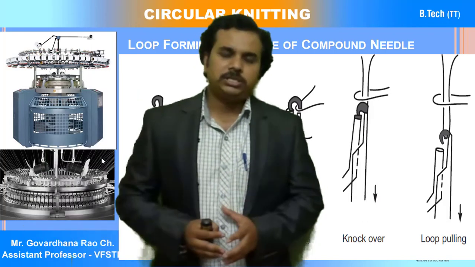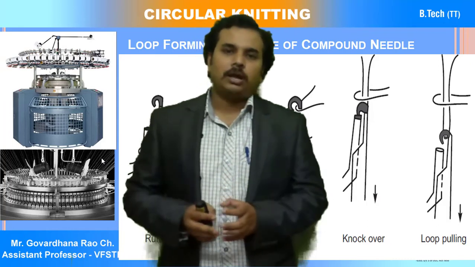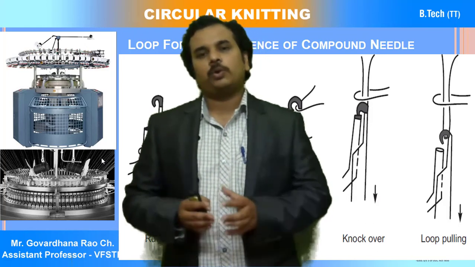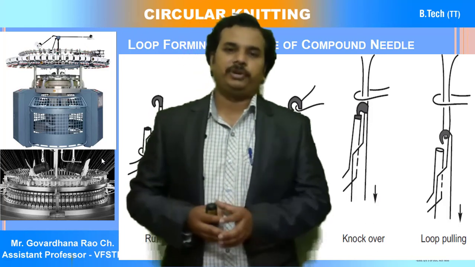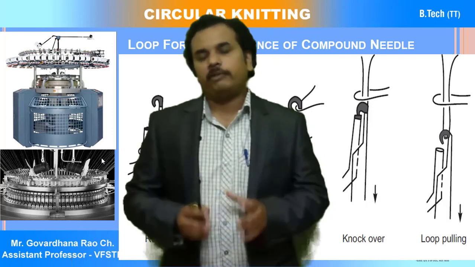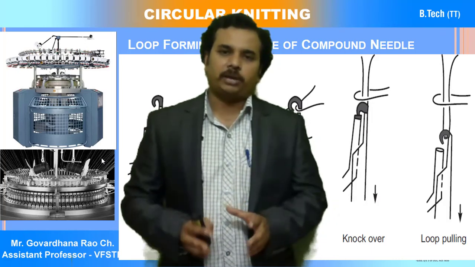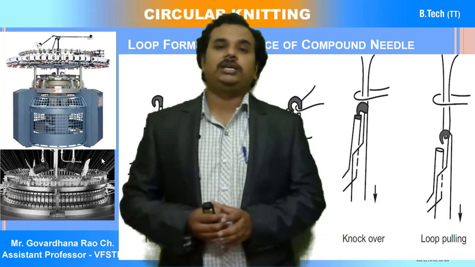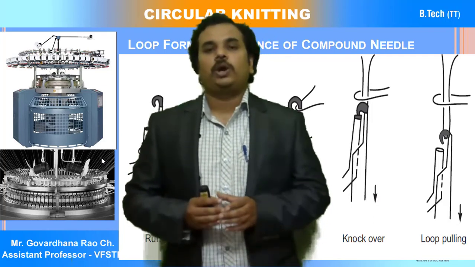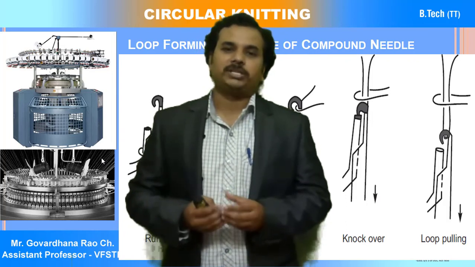Out of these 3 types of needles, we use the latch type of needle in the maximum number of weft knitting machines. Out of these 3 different types of needles, the latch needle is generally preferable for the circular knitting machines or weft knitting machines we are using in the present scenario.